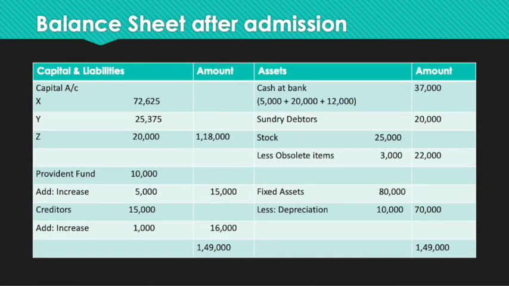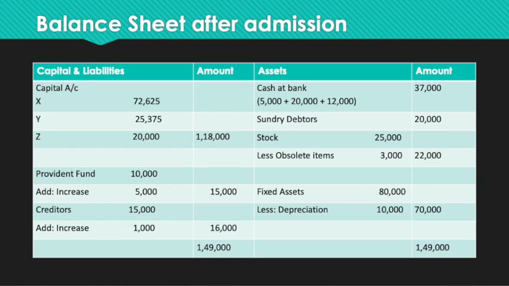Next one which we have is a provident fund, which is there in the balance sheet as 10,000, but there was a revaluation. The provident fund has increased by 5,000. So you can see provident fund 10,000 increased 5,000, outer column 15,000. Moreover, the value of creditors has also gone up by 1,000.